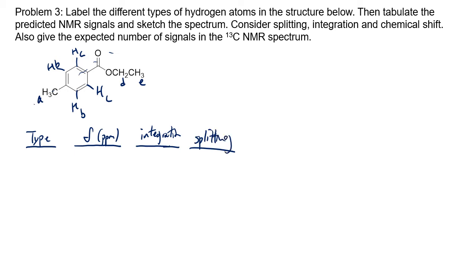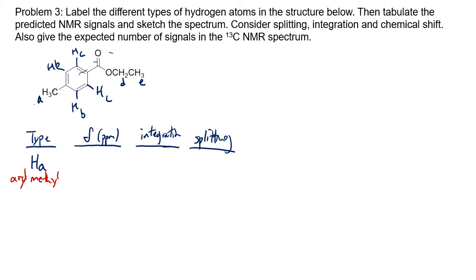Okay, so if we look at HA, HA is a methyl, it's an aryl methyl. It's attached to a benzene ring.